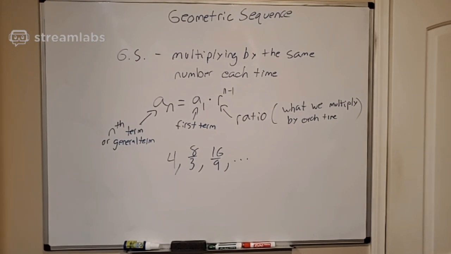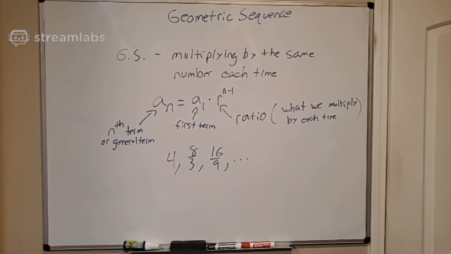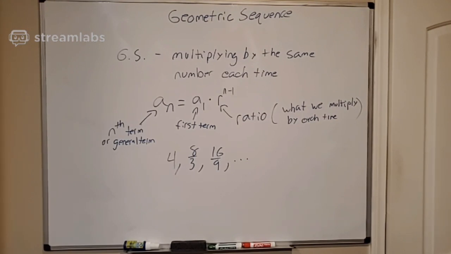Now, obviously, in this section, most of them are going to be geometric sequences. However, we also have to consider when we're taking tests and things like that, we have to check what kind of sequence or series this is. So is 4, 8/3, 16/9, is that a geometric series or sequence?